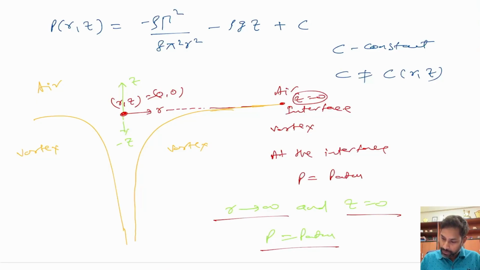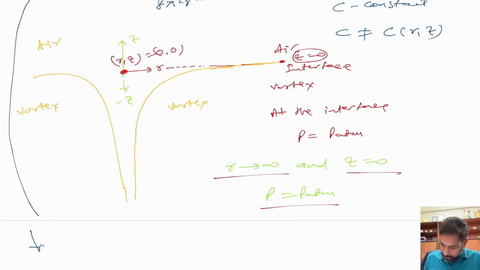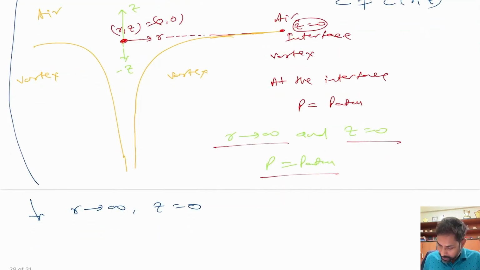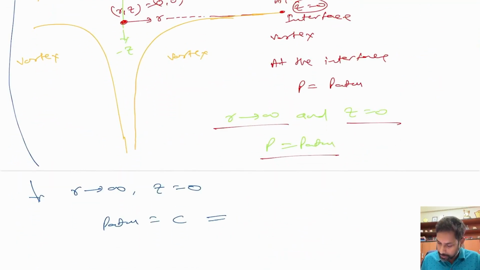All right, and that is why this condition, once we apply, we can find the c value. So now if you put z equal to 0 and r tends to infinity in this equation, that will give us P atmospheric equal to c, right? Or in other words, c is equal to P atmospheric.